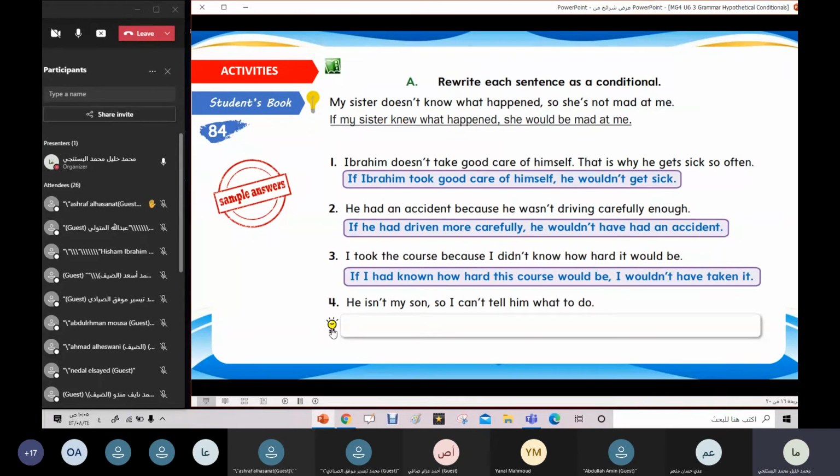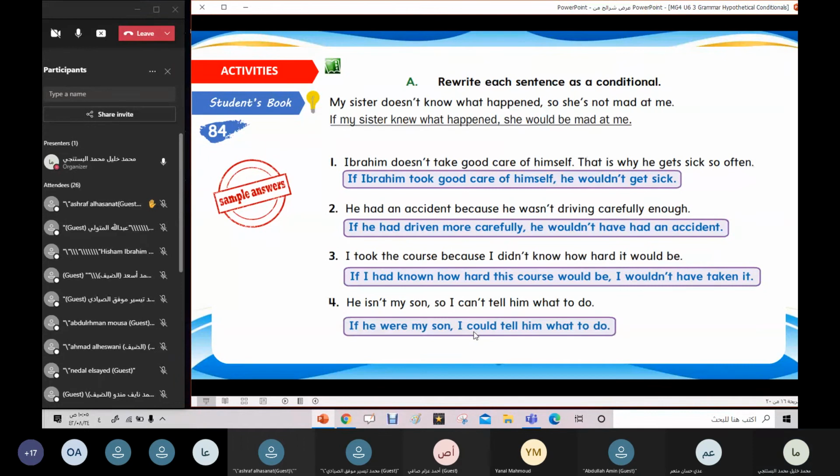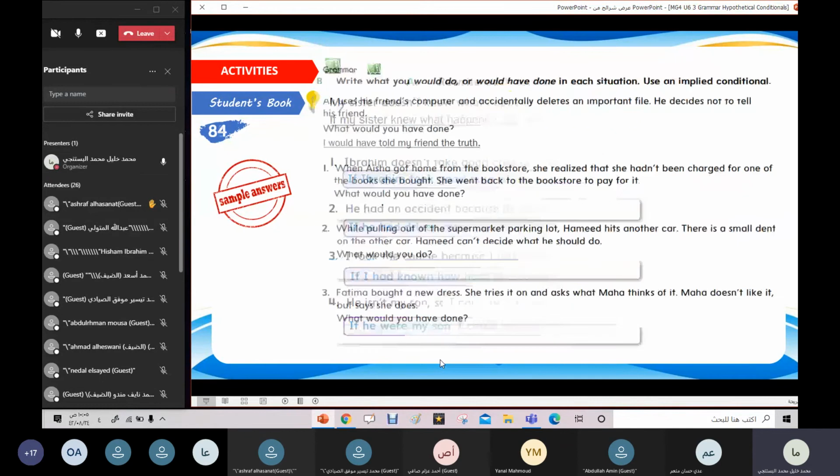Okay, have a screenshot. And move to the second page, 85, exercise B. In exercise B here, we are going to write what you would do or what you would have done in each situation.